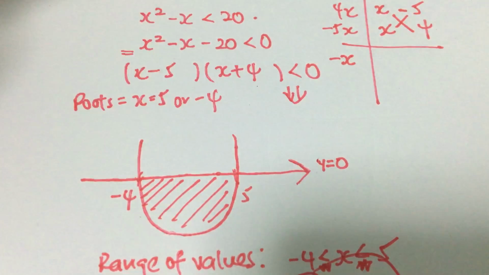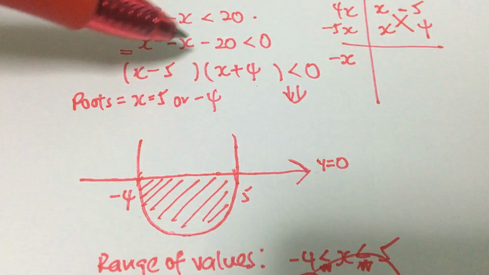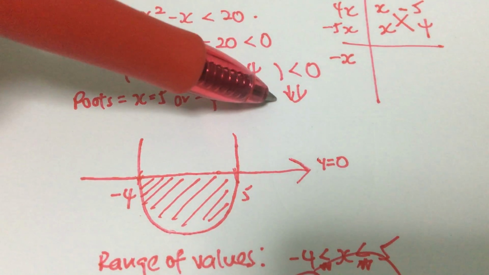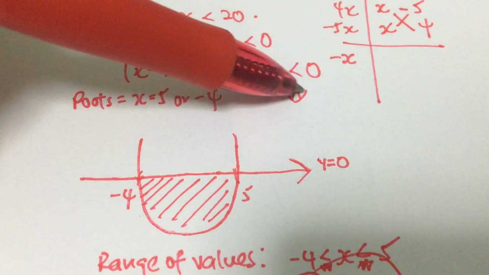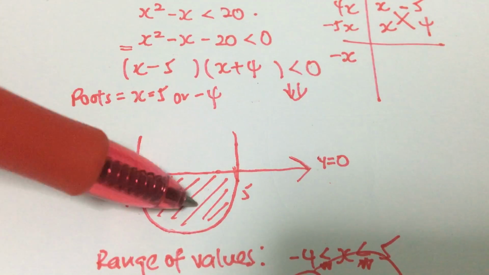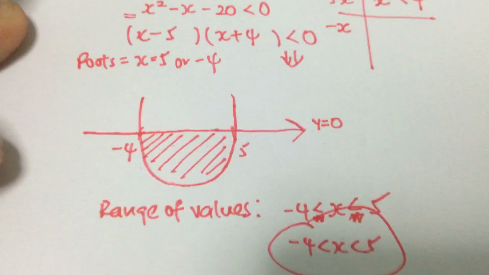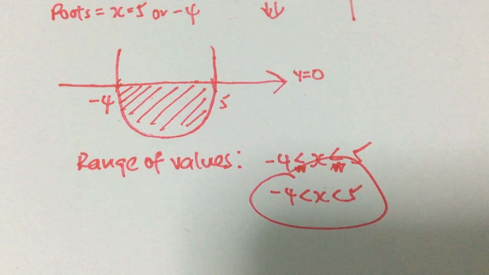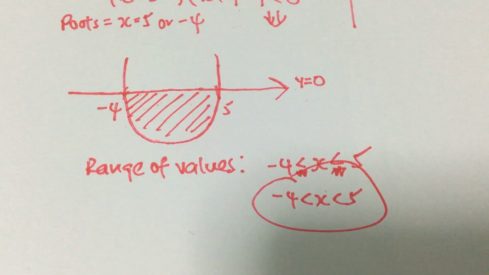Draw the graph and determine the portion of the curve that satisfies the inequality. In this case, they want you to find the portion of the curve that is less than y equals 0, and from there I'll be able to find out the range of values. That's about it, a good example for you guys.